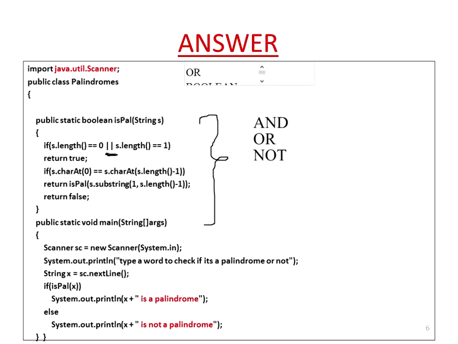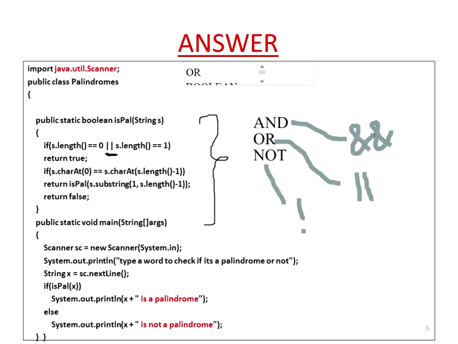For AND, we use the ampersand symbol. For OR, we use 2 parallel lines. And for NOT, we use an exclamation mark.